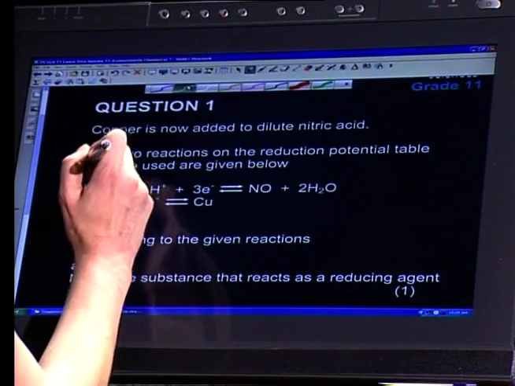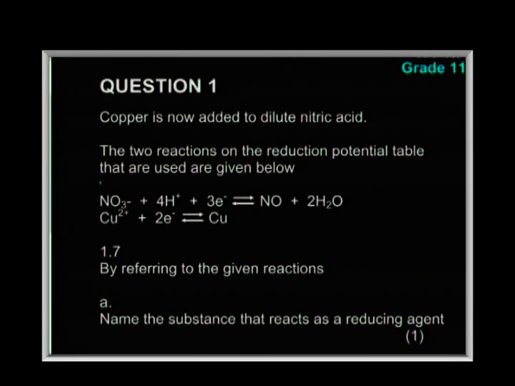Right. In NO3 minus, the N carries an oxidation number of 5 plus. However, in NO, because oxygen is always 2 minus, it carries an oxidation number of 2 plus. So what has happened to the nitrogen?